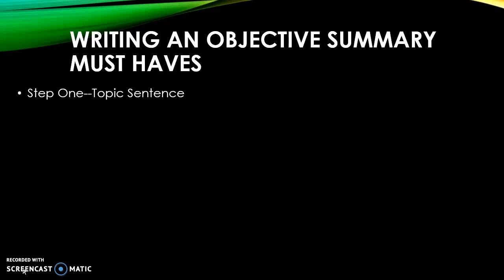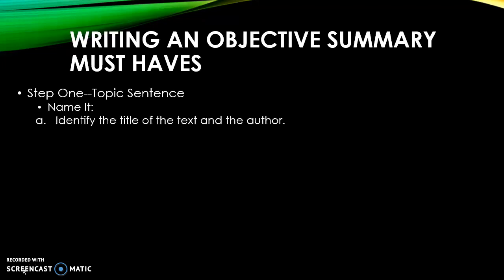Objective summary. You have an academic summary template that you're going to use. But here are your must-haves. In your topic sentence, you need to name the text and name the author.